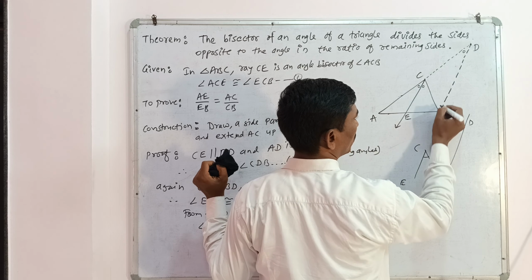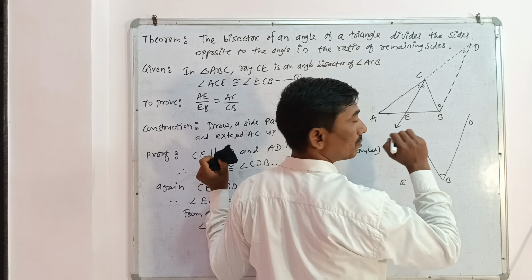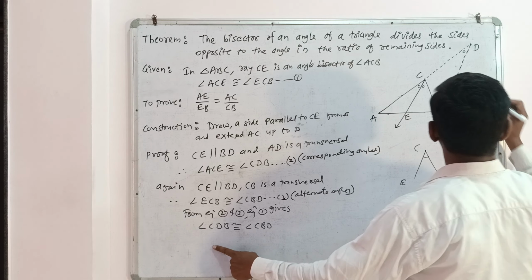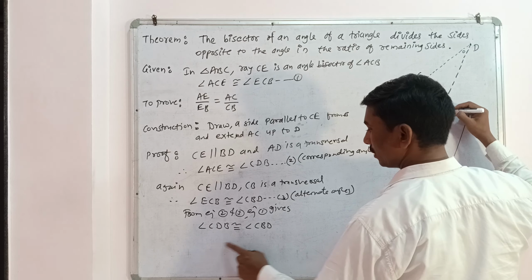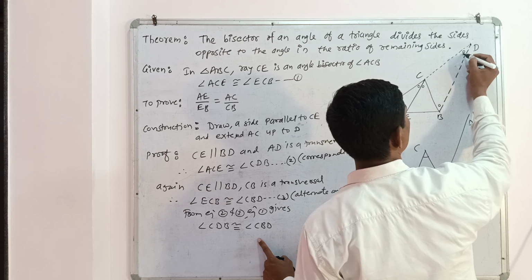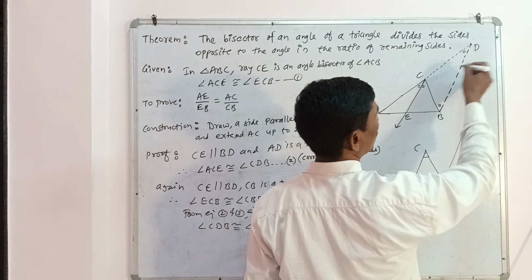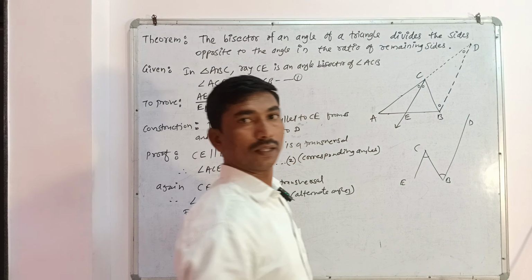These two were congruent, so I have to write this symbol at this place also. So what we got is angle CDB is congruent with angle CBD, means these two are congruent. We got these two congruent in triangle CDB, isn't it?